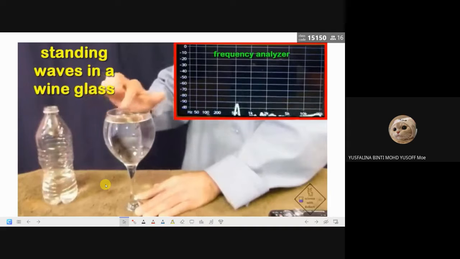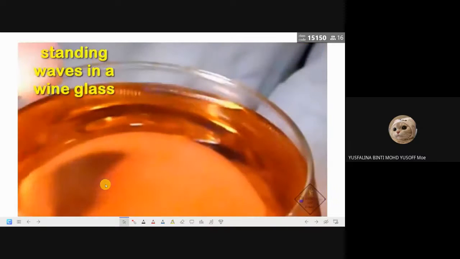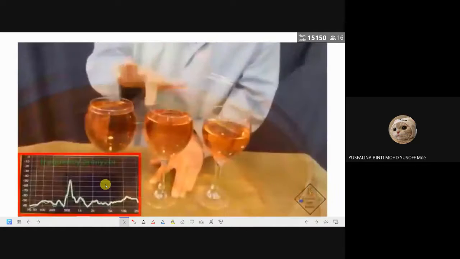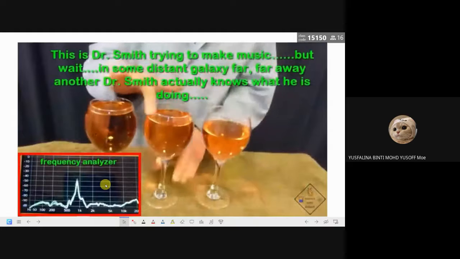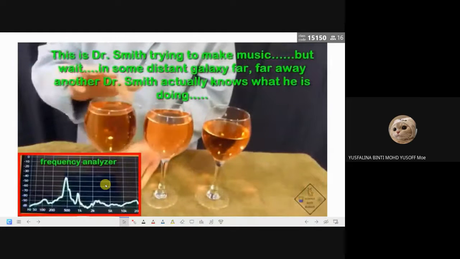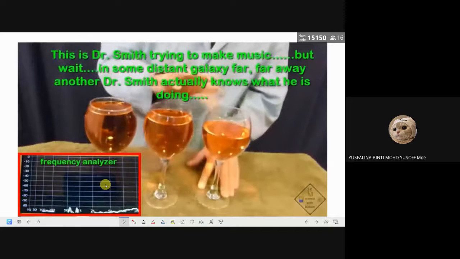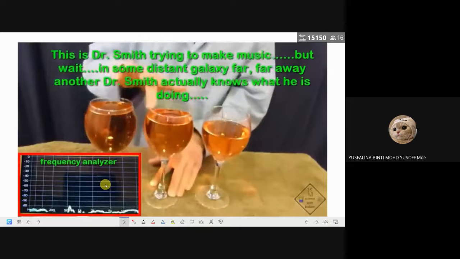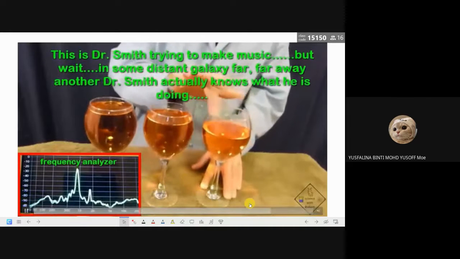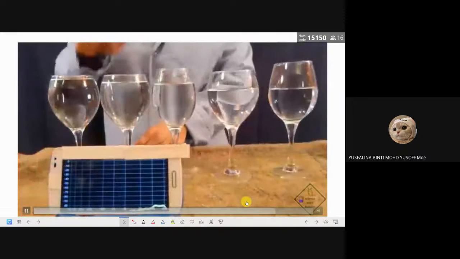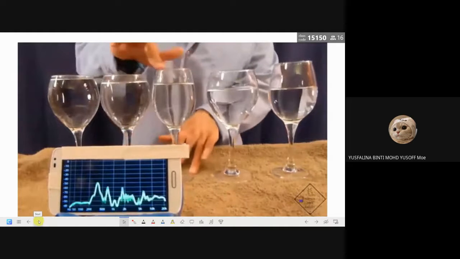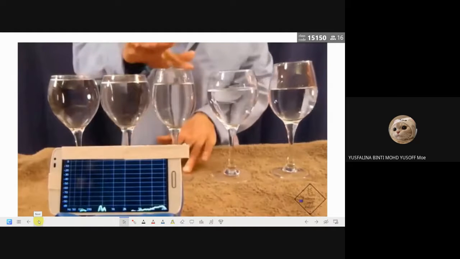Let's say you rub the glass until it reaches the natural frequency, the glass will break. So you can play music by using your glass.